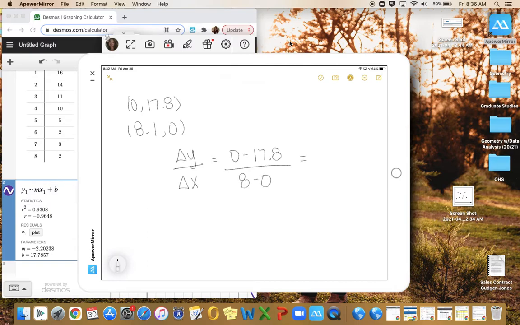Well, 0 minus 17.8 will be negative 17.8 over 8. This is going to be our slope. Okay, so let's use a calculator to find that. So negative 17.8 divided by 8 should be negative 2.2. We'll say it's negative 2.2. So this is our slope.